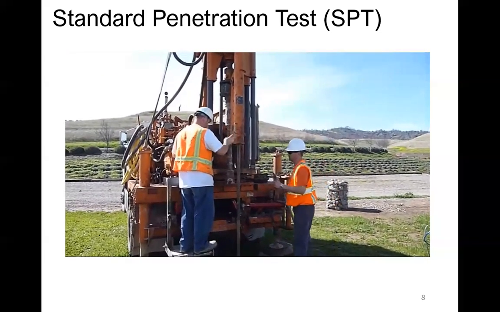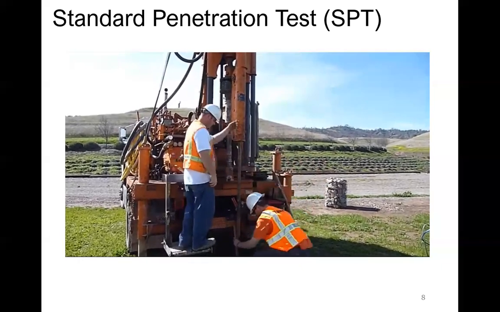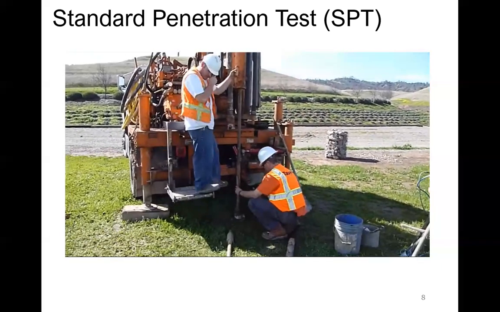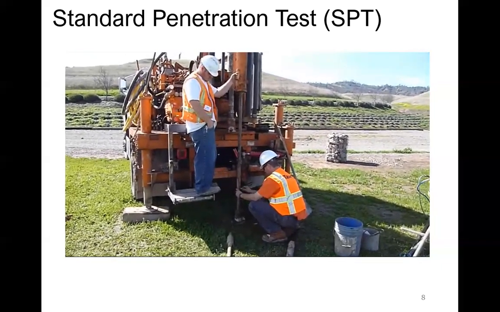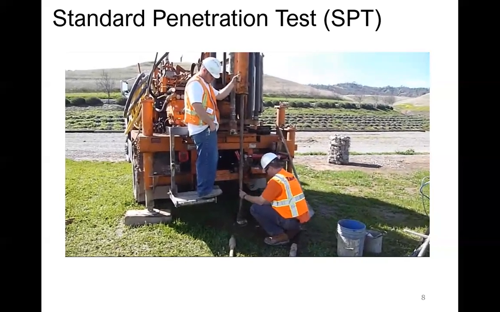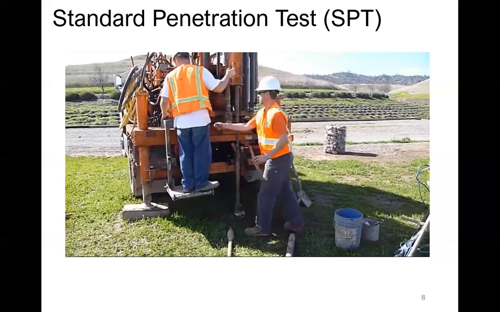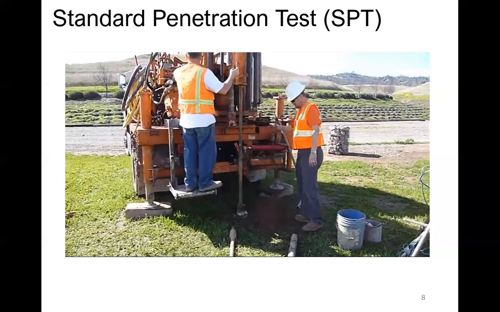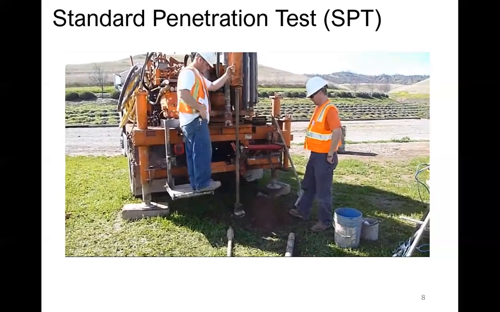In true geotech fashion, to measure 6 inches, they just take a piece of chalk and an old ruler and mark it on the actual drill rod itself. So what he's doing is marking 6 inches, 12 inches, and then 18 inches on the drill rod. And they just count.